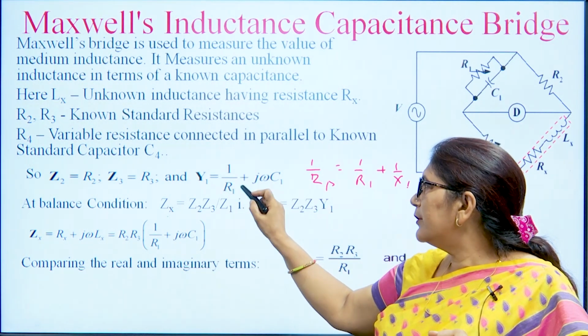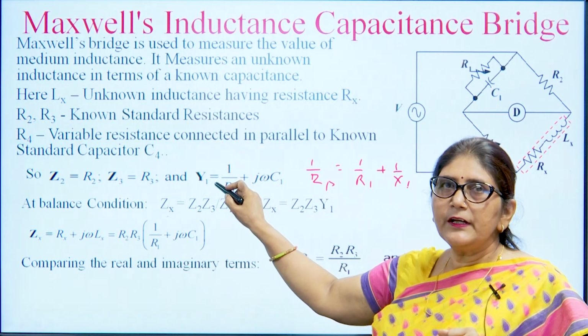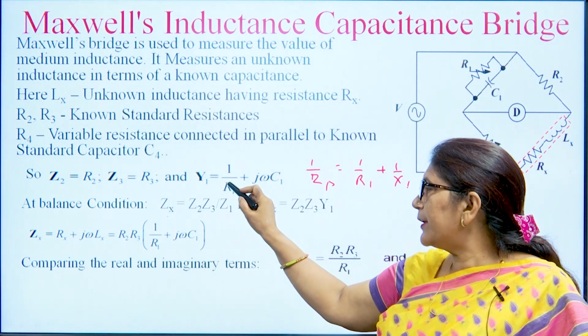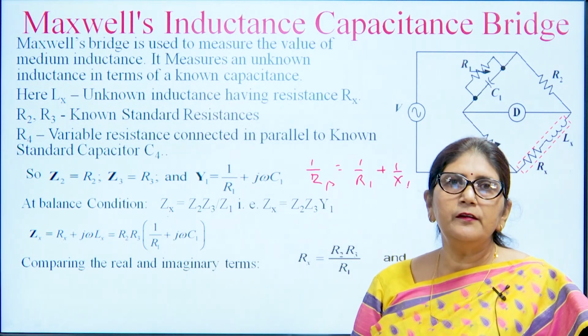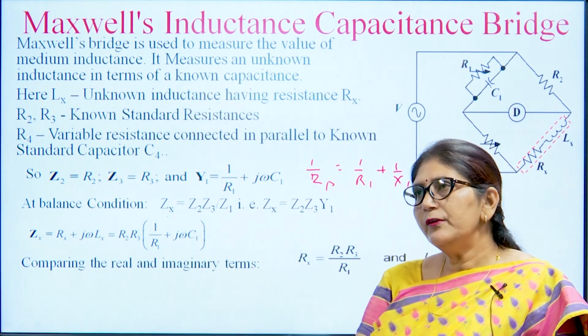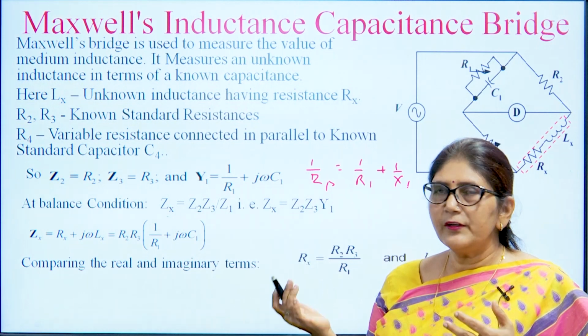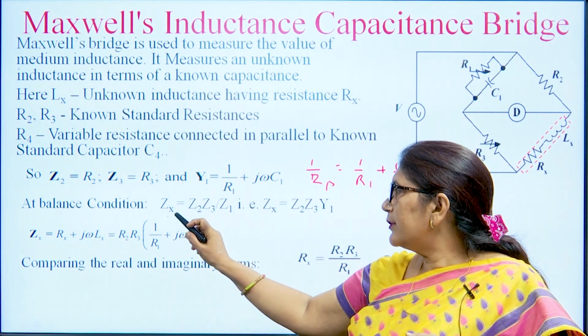So Y1 is equal to 1 by R1, where Y1 is basically the admittance, so Y1 is equal to 1 by R1 plus j omega C1. Under balance condition we know that Z1 Z4 is equal to Z2 Z3. Here Z4 is equal to Zx.